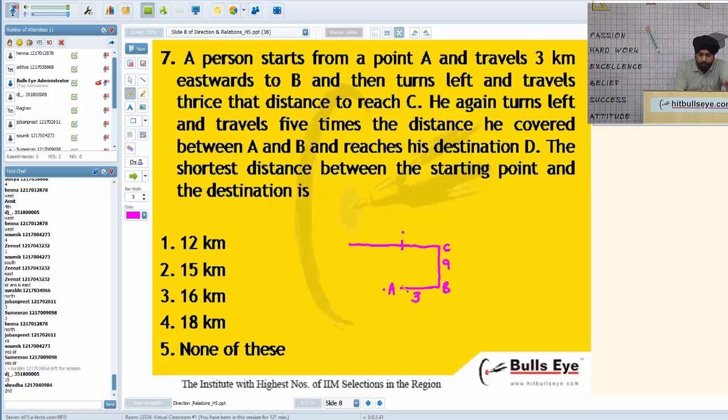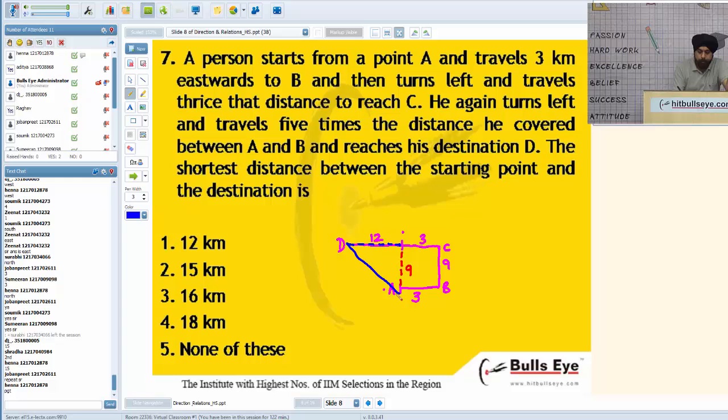So students, as I told earlier, you can equate the 3 with 3 here and 12 this way, and reaches the final destination D, and you have to find the shortest distance between the starting point A and the destination D. Now students, just see here, if you join these lines, can you say this is 9, and this you can see here is already 12, because we did it side by side, and you want to find this distance.